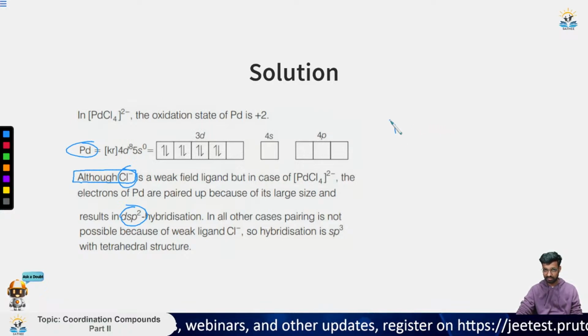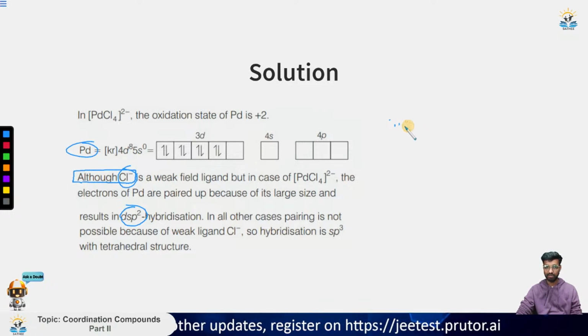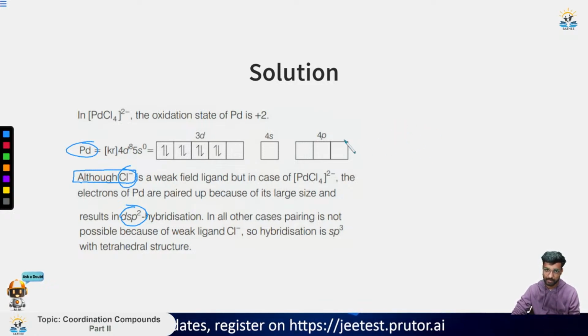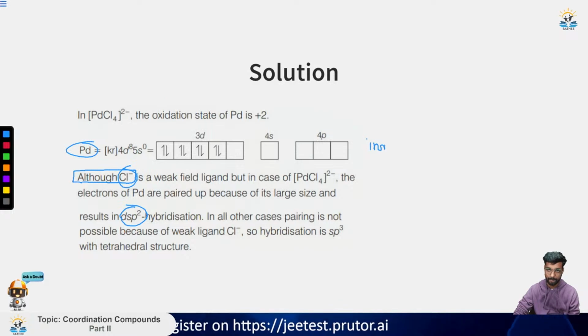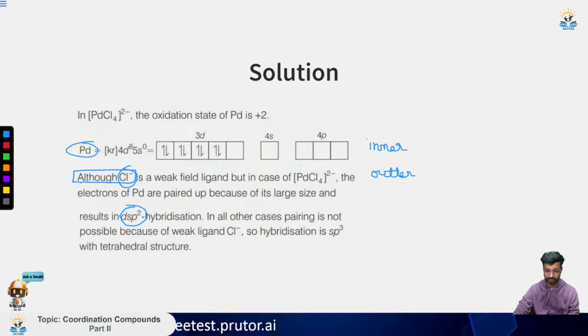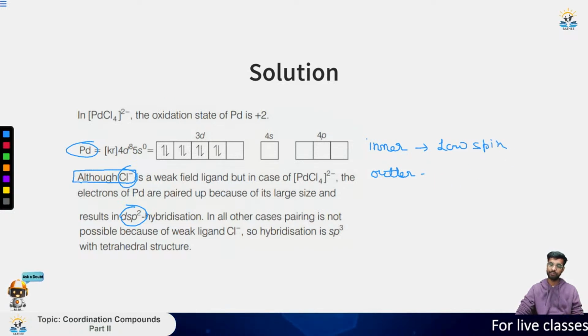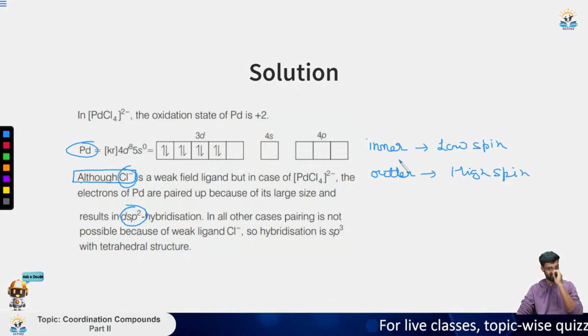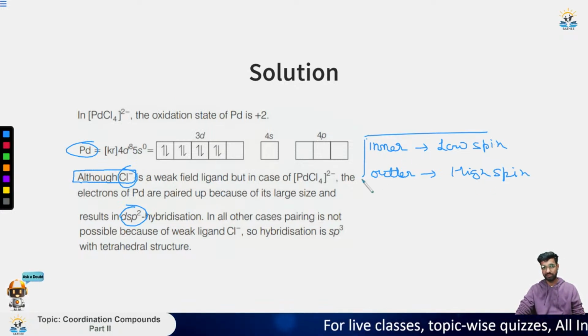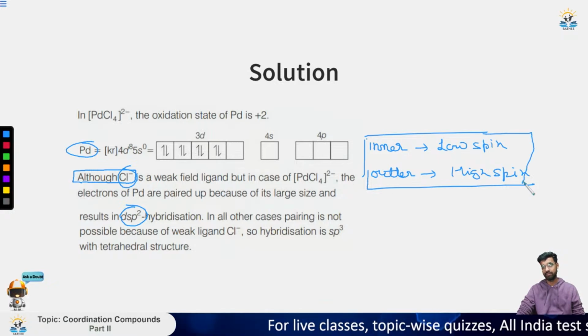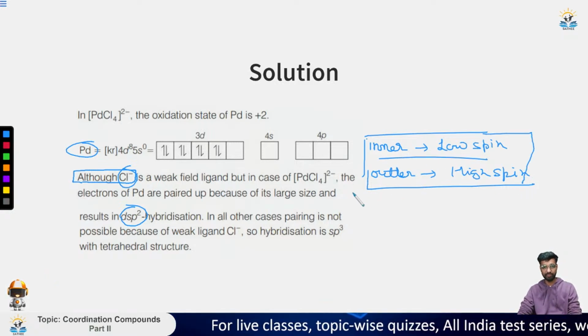We have inner and outer complexes. Inner means low spin and outer means high spin. This is a general analogy from both VBT and CFT. They are the same thing, so do not get confused with it.